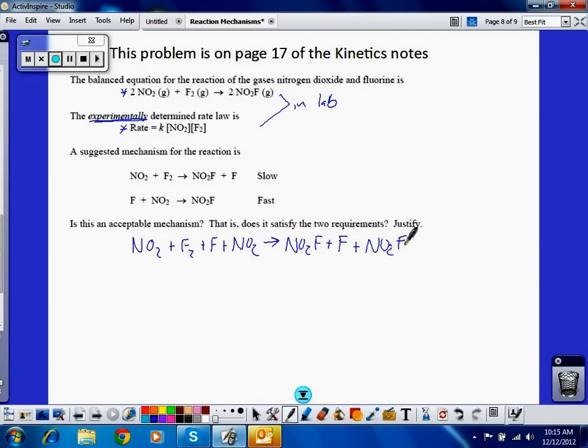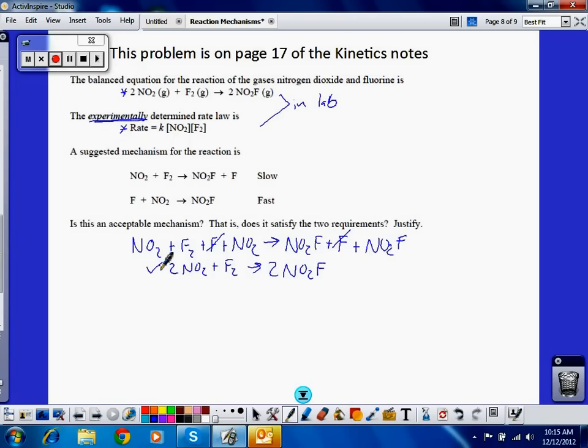Now if I cross out things that appear on both sides, in this case the fluorine atom, that goes away. This would be a reaction intermediate, and what I have left is two NO2s and one F2 on this side, and on this side I get two NO2F. That looks the same as the reaction I see in the lab, so that's good.